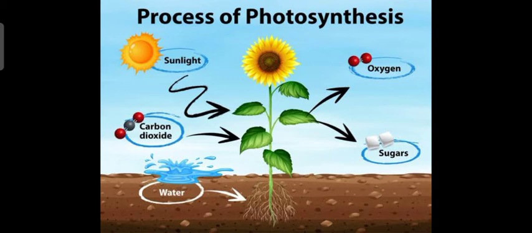By the root, the water travels to the leaves, and through the stomata, plants take carbon dioxide and make their own food, and the products of photosynthesis are sugar and oxygen.